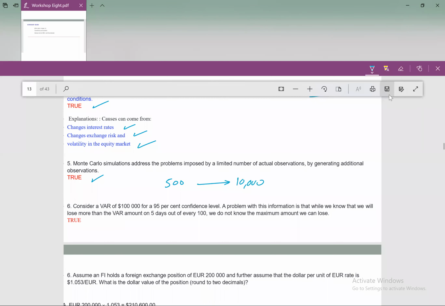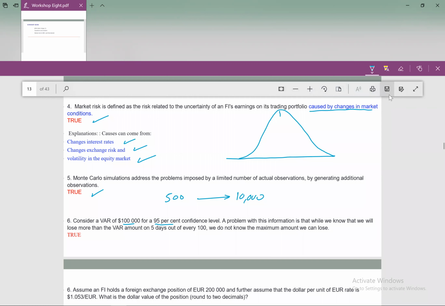Okay, consider a VaR of 100,000 at 95% confidence. So when we are considering it, if this is the distribution, assuming we are talking about fixed income, we will measure from this area, and we calculate this area. That is 95% of the time.